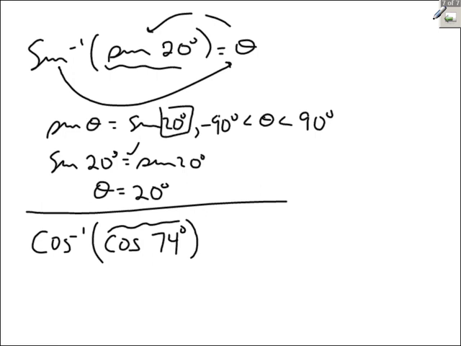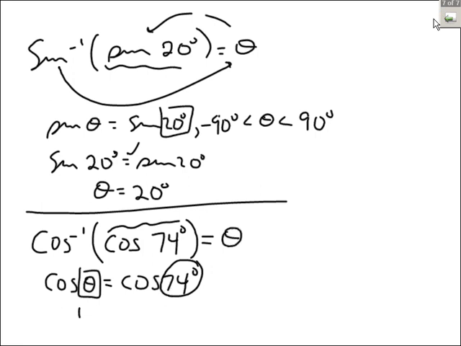The cosine inverse of that number is equal to an angle. This says the cosine of the angle is equal to the cosine of 74 degrees, and the angle must be between 0 and 180. But that angle is. That is, just let theta be 74 degrees.